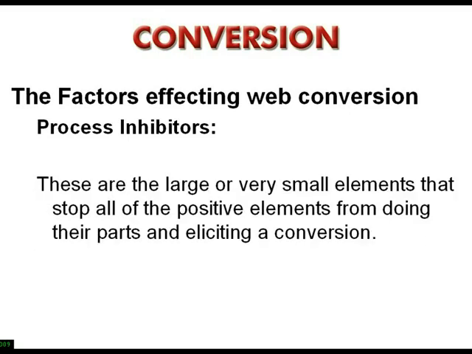I mean, these are the large, or in some cases very small, elements that stop all of the positive elements from doing their parts in eliciting a conversion. So honestly, you have to stop and walk through and look at what are the possible things that can create a breakdown in your sale.